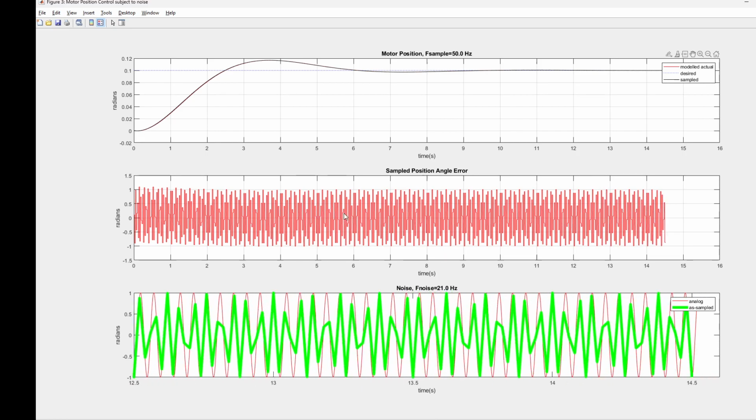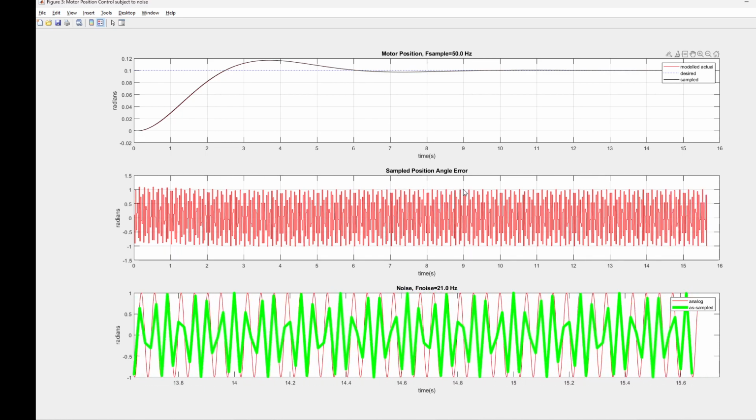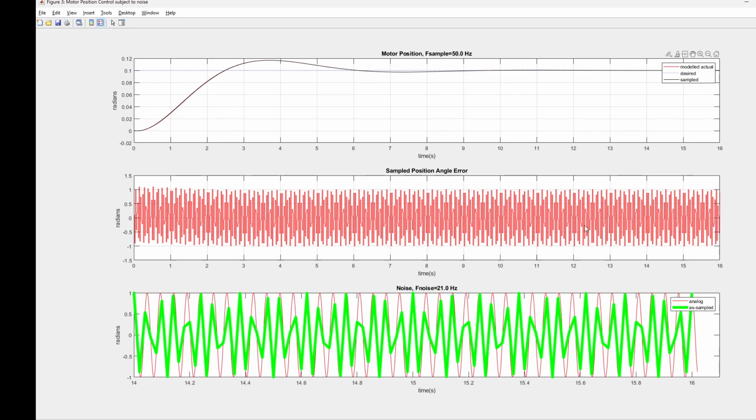And again, on a wider time scale, that is represented in the feedback error in red. If we look, we have none of that red ripple to speak of on our output from our plant. And this is a very large noise amplitude. We're 2 radians peak to peak, the way we're looking at it, and our set point's only 0.1.